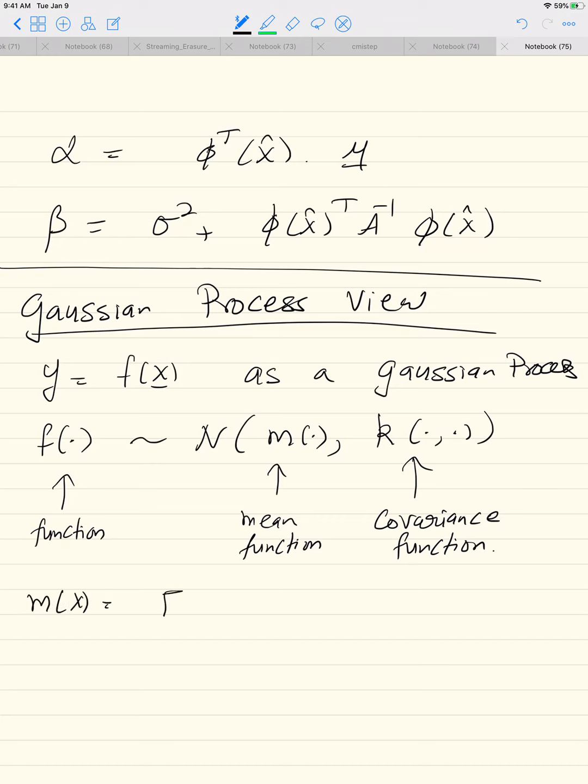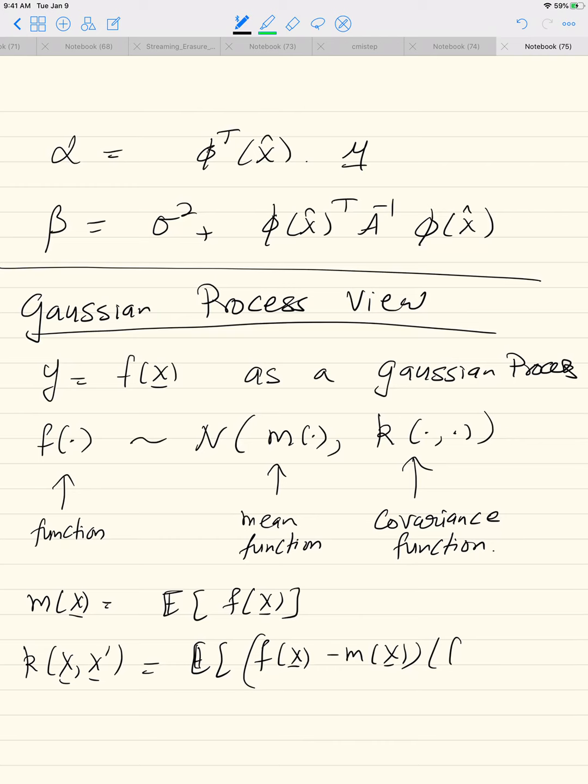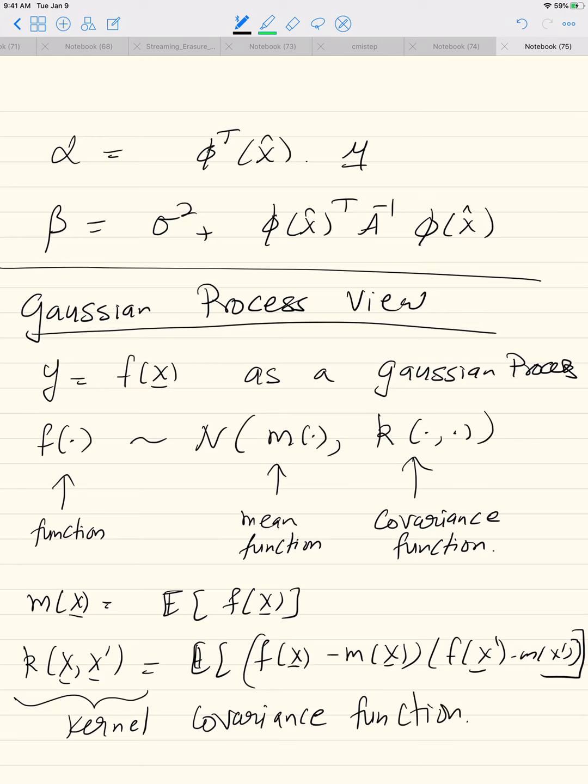M of x is just the expected value of f of x, and k of x and x prime is the expected value of f of x minus m of x times f of x prime minus m of x prime. And this is called the kernel covariance function.